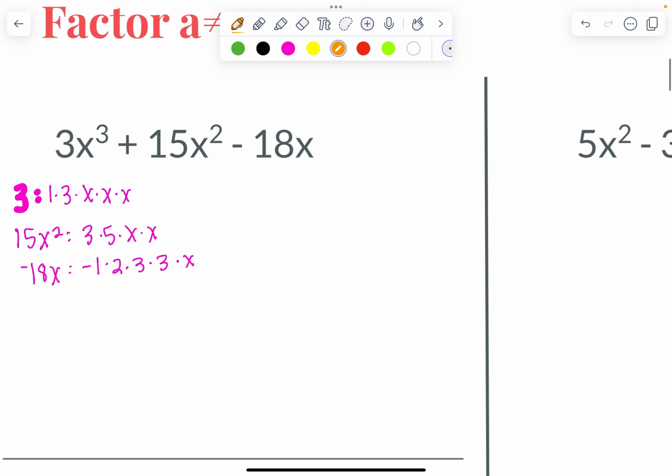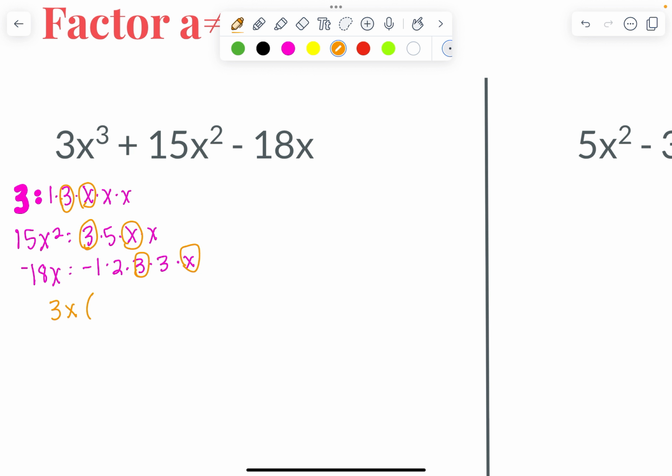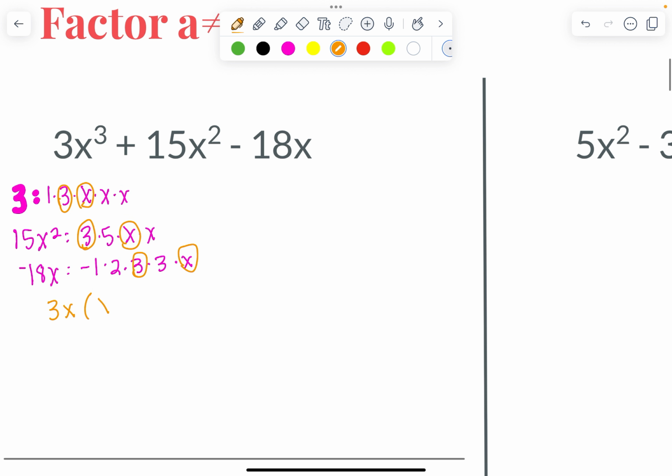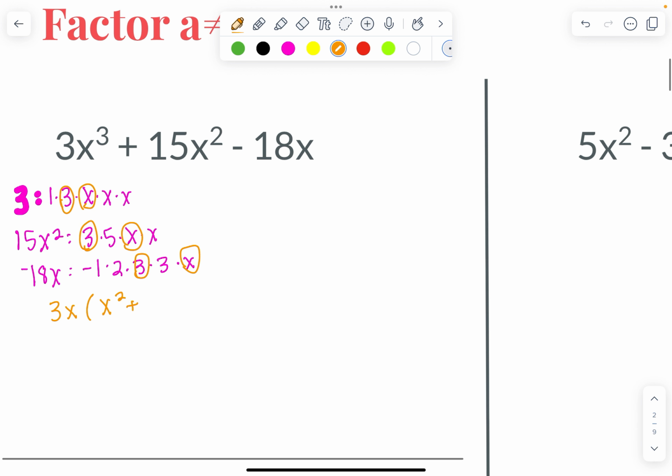So I can look and see that I have a 3 and an x in each of my terms here. So if I take out a 3x, then I'm left with an x squared plus 5x plus negative 6.